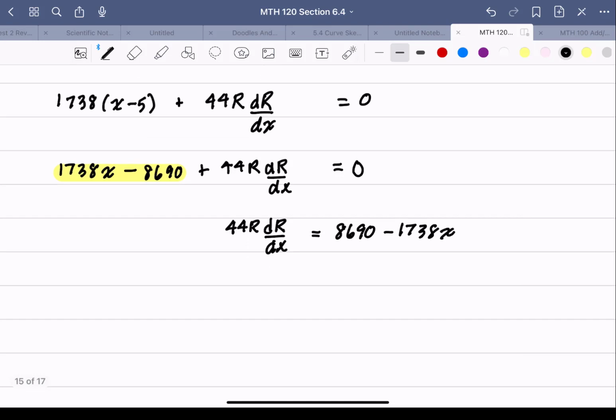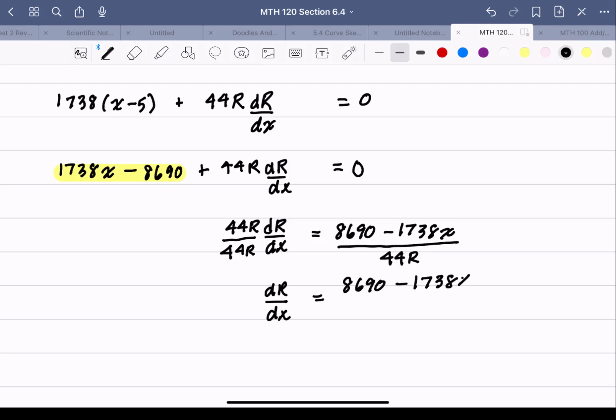And now I need to divide both sides by 44r. And so dr/dx is 8,690 minus 1738x divided by 44r.